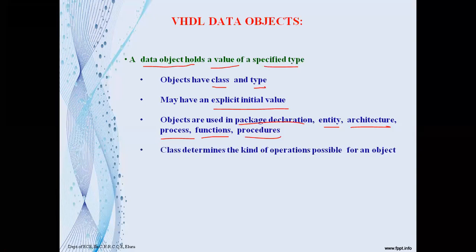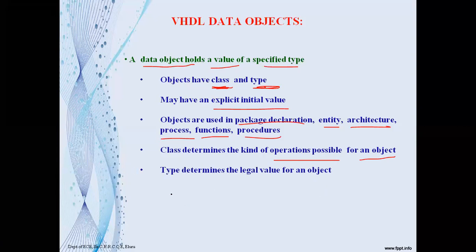And so what does this class determine here? The objects basically have the class and type. So what is class here? The class determines the kind of operations possible for an object.